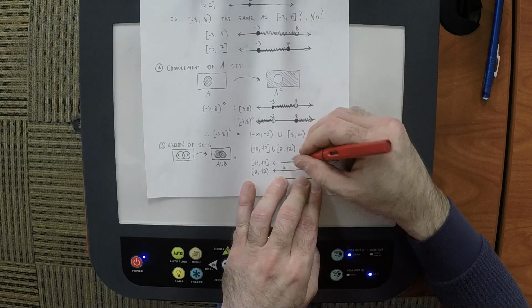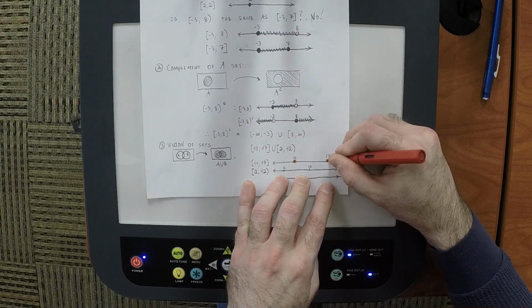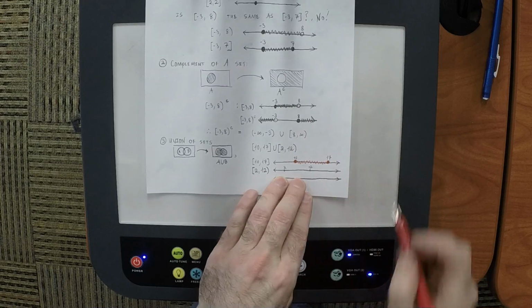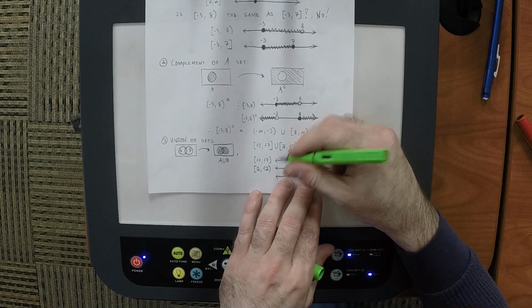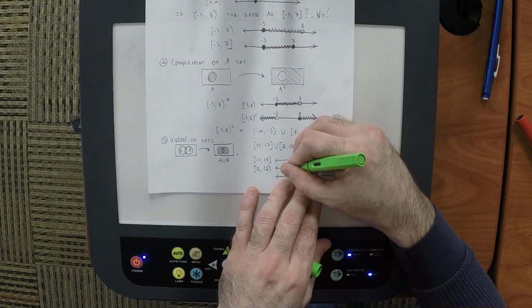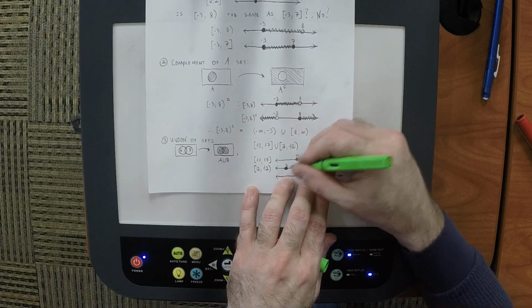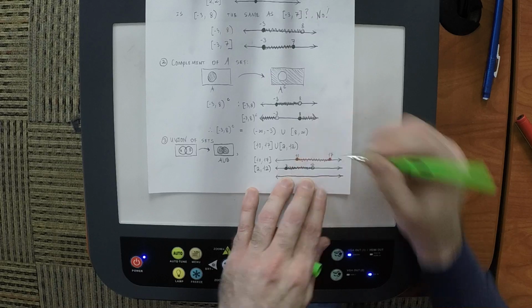So 10 to 17 will have both endpoints included, and all the stuff between. So that's 10 to 17. And then 2 to 12, we're going to include 2, but not 12. Like that.